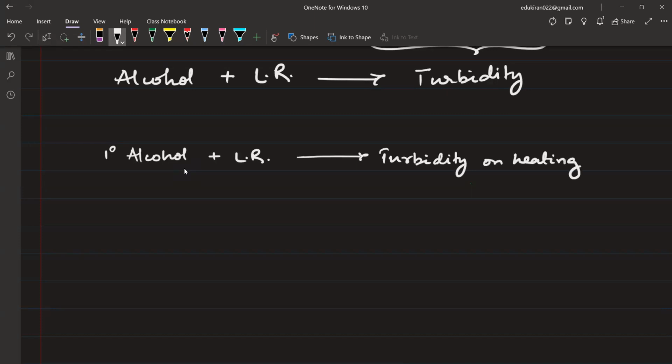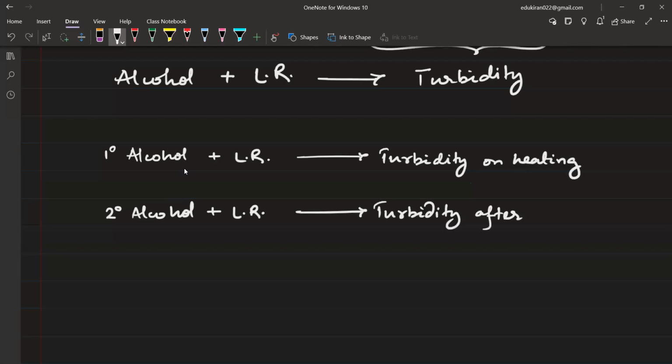That means at room temperature, 1 degree alcohol does not react with Lucas reagent. 2 degree alcohol plus Lucas reagent, as you know, will be a bit faster. That is why it shows turbidity at room temperature, but after 5 to 10 minutes. It needs time. The first, 1 degree, requires heating. 2 degree requires time. 3 degree does not require anything.